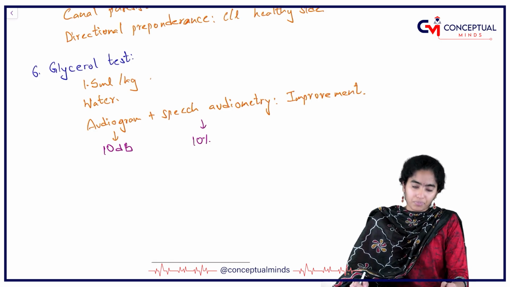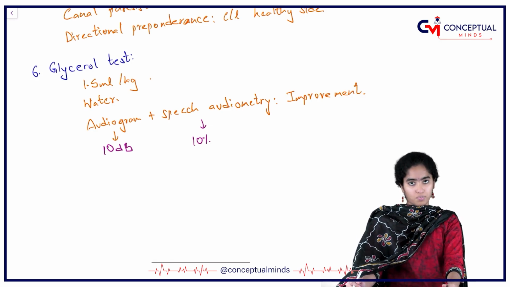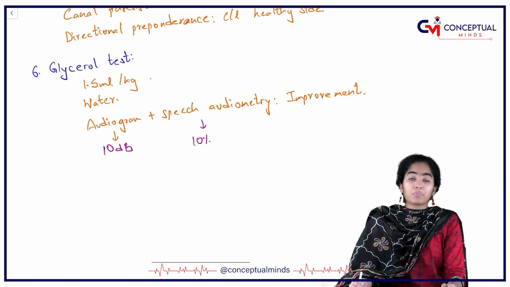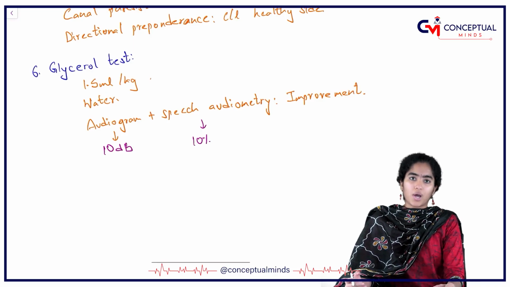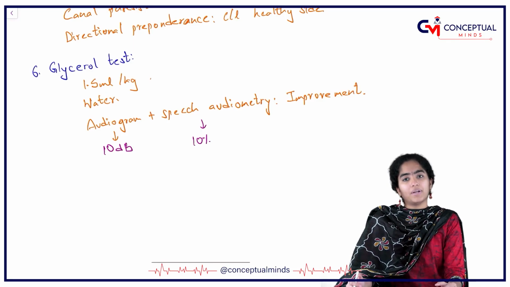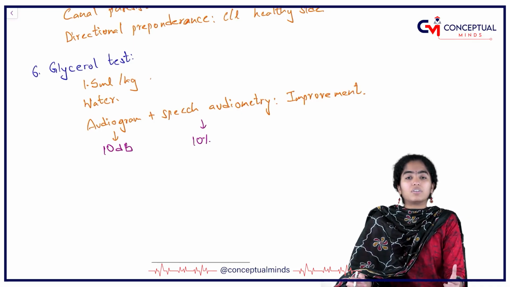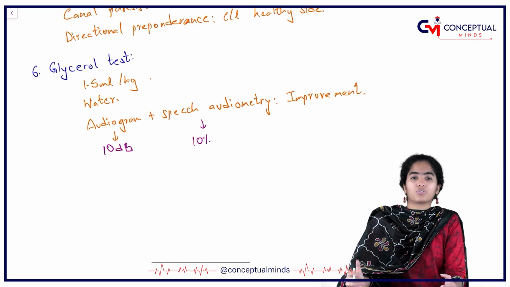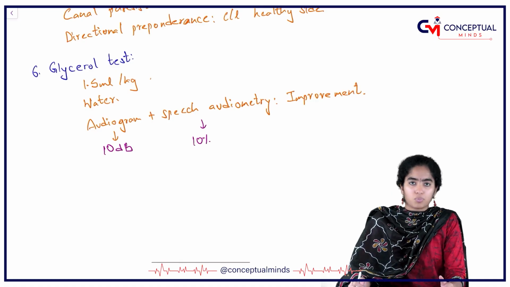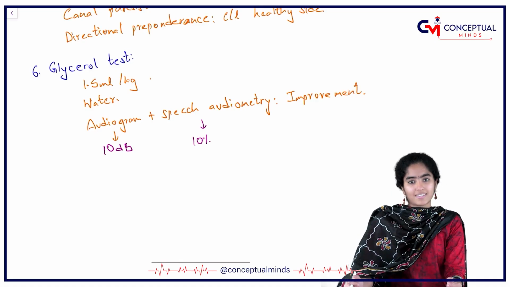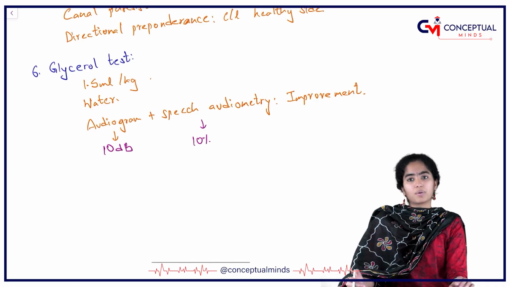This shows that the test is positive and it is Meniere's disease. And subjectively also, the patient says there is improvement in his tinnitus and also relief from that sense of fullness of the ear that is usually experienced. So glycerol test is both diagnostic as well as prognostic.